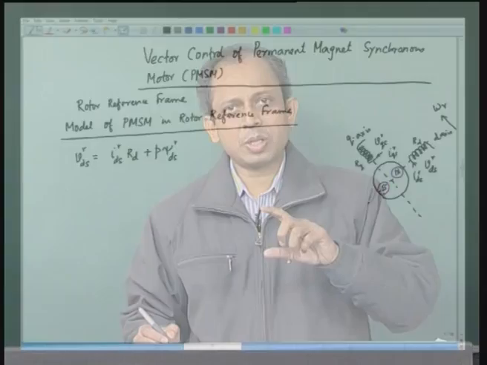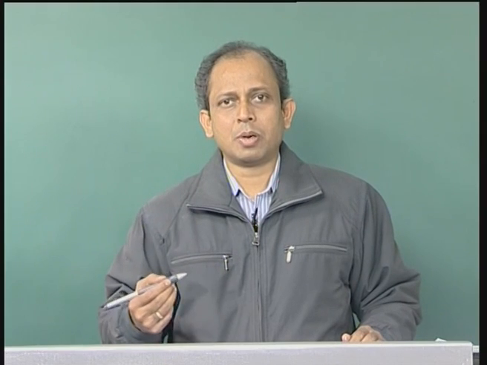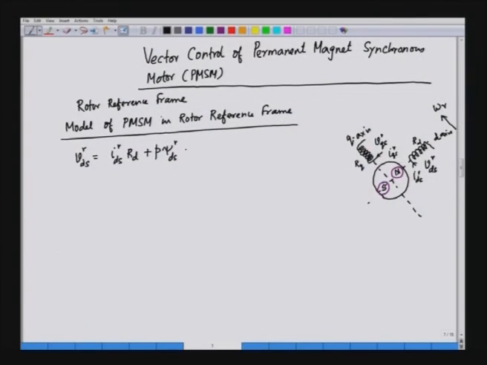And again, since the reference frame is rotating with rotor speed, there will be rotationally induced EMF in the stator. So, that can be written like minus omega r psi qs in the rotor reference frame.